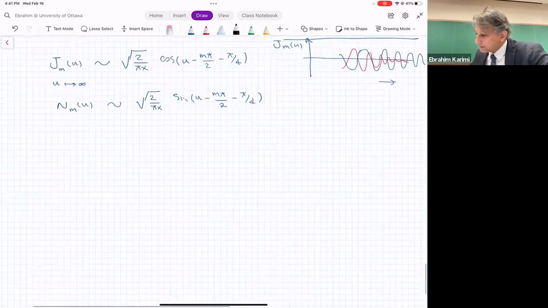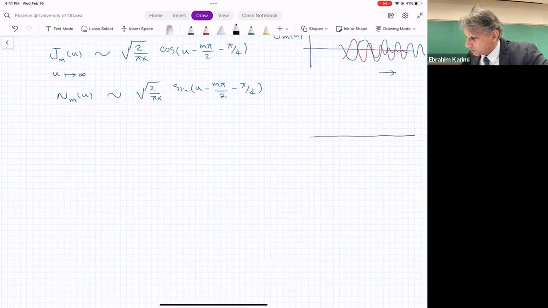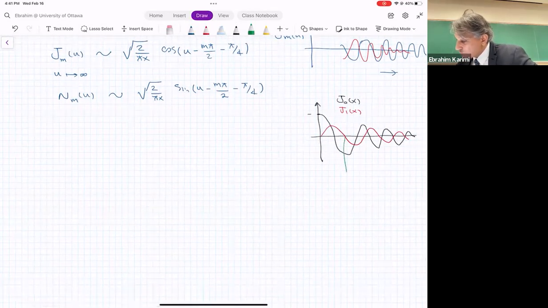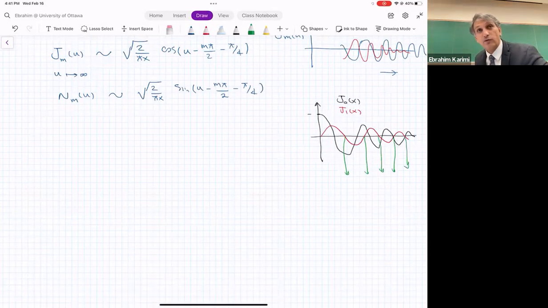So as we discussed, if you look at the Bessel function J0 of x, it starts from 1, and then you have the oscillations. If you look at J1 of x, it starts from 0, and then you have different oscillations here. There are a number of points at which the Bessel function J0 is crossing y equal to 0.